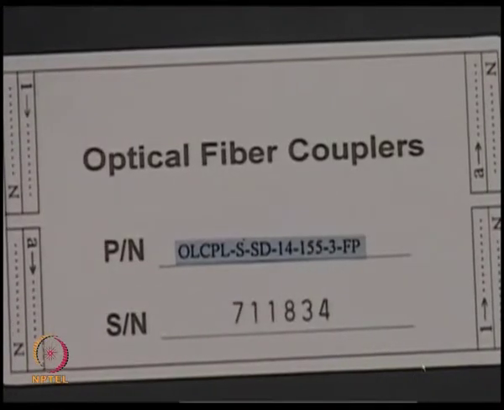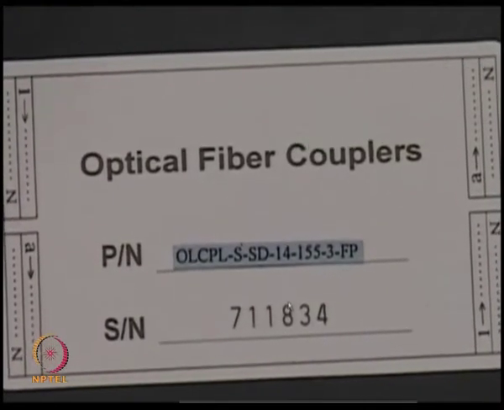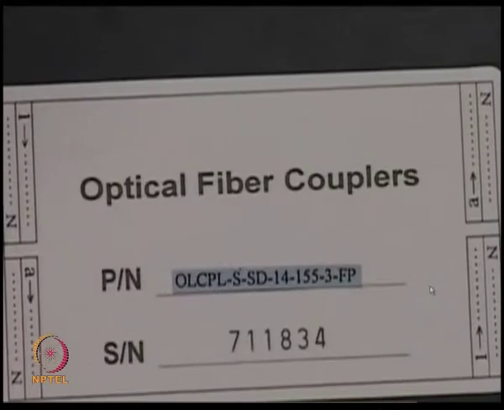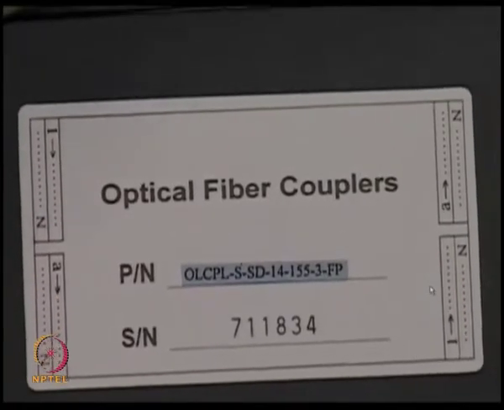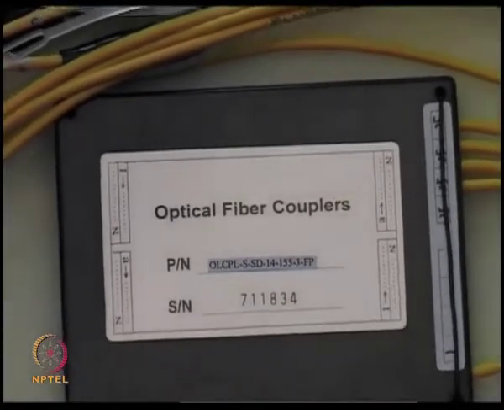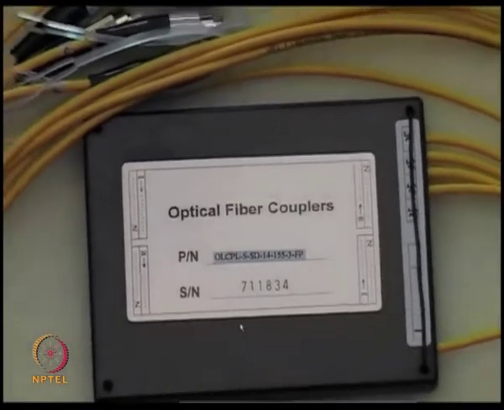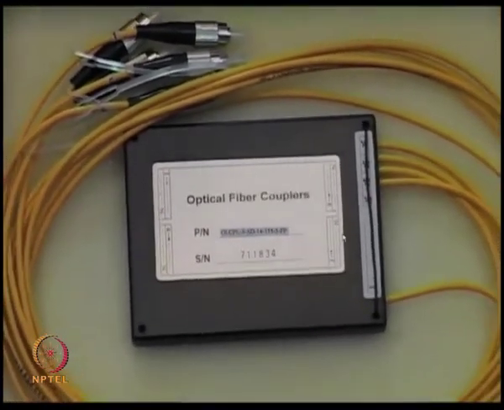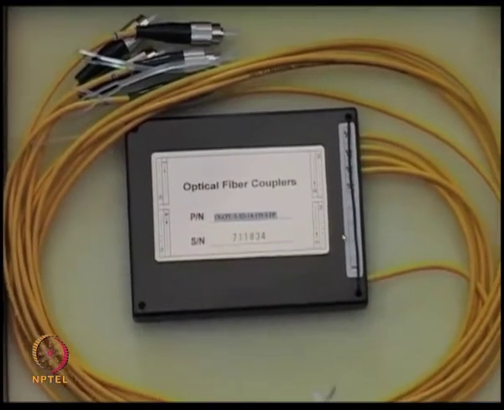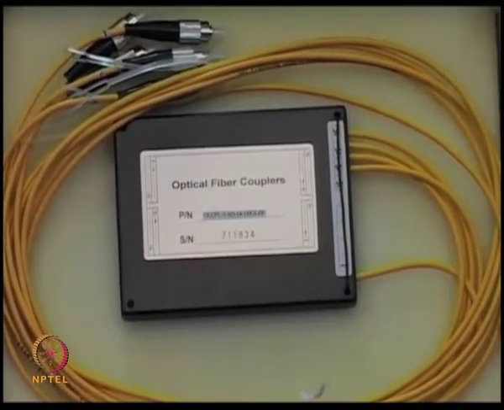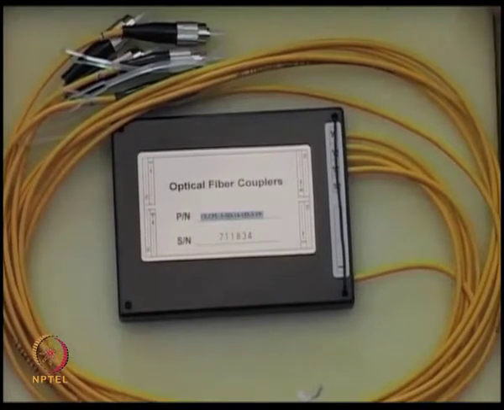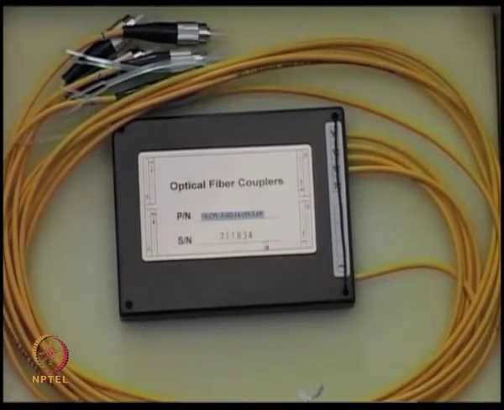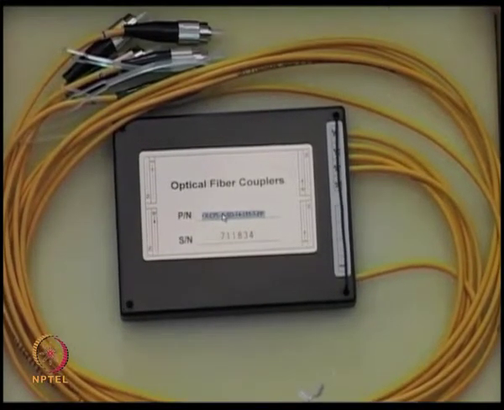So, these couplers are star couplers, and light coming from any of the input fiber is equally distributed on all the output fibers. So, in a passive area network where light has to be distributed, these optical couplers, the star couplers, are used.